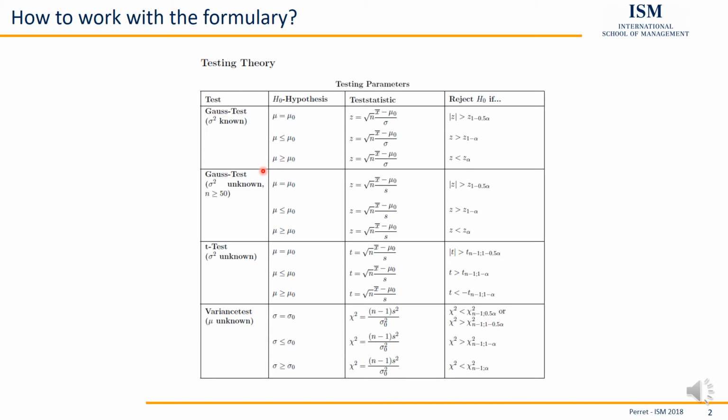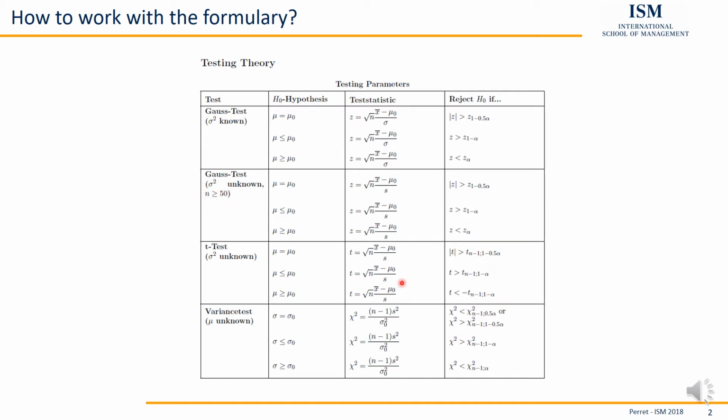If we do not know this, usually we go with the t-test version. We can, however, also use the Gauss test version if our sample size is large enough, if we have a sample size of 50 or above.